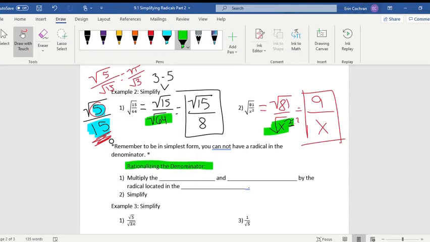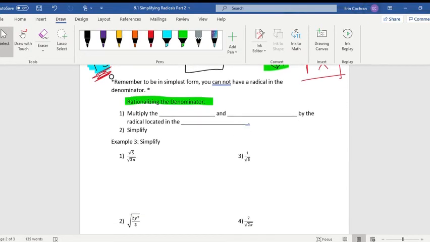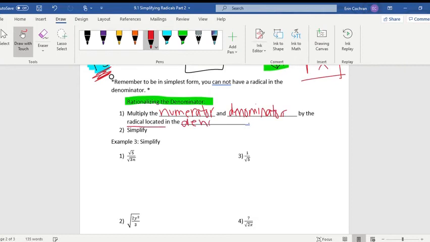To rationalize the denominator, you're going to multiply the numerator and the denominator by the radical located in your denominator.